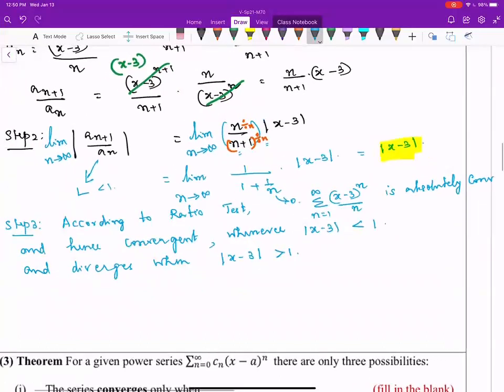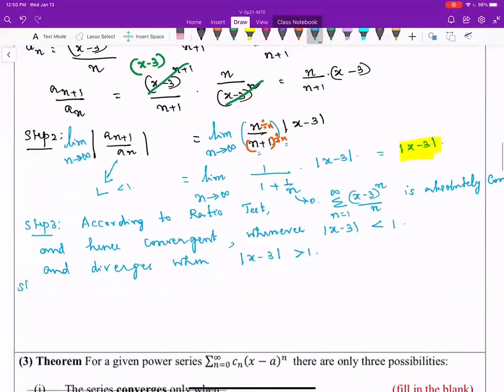So what do we mean by absolute value of x minus 3? Let's analyze what we have just found out. Absolute value of x minus 3 less than 1 would mean minus 1 less than x minus 3 less than 1, by property of inequality. So if you add 3 to all the sides, you get x lying between negative 1 plus 3, that will be a 2, and 1 plus 3, that will be a 4.